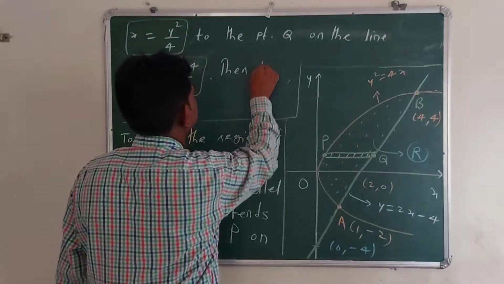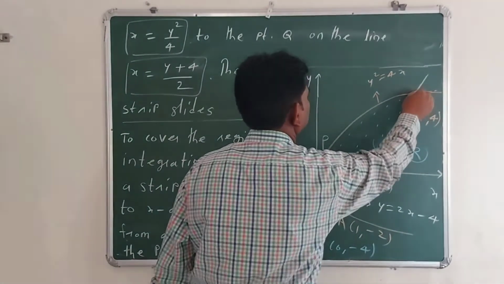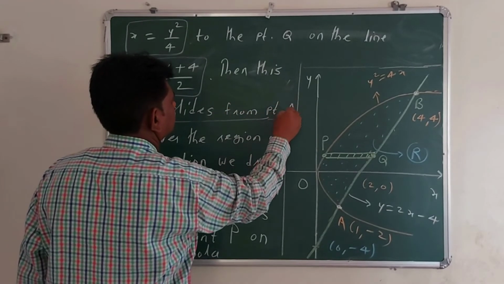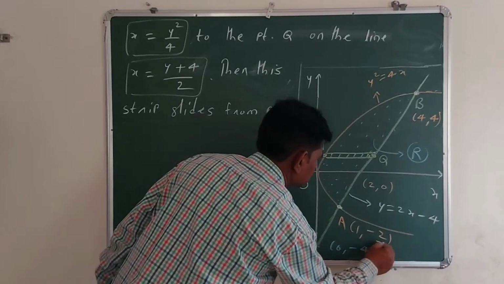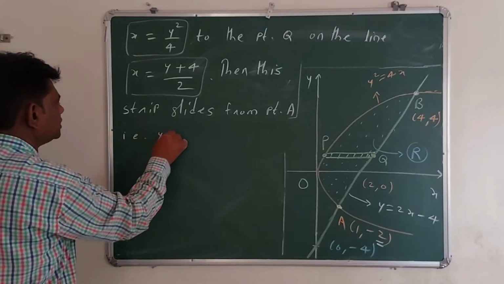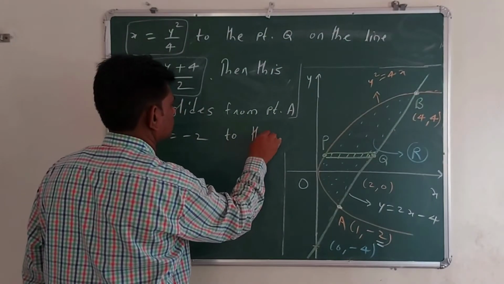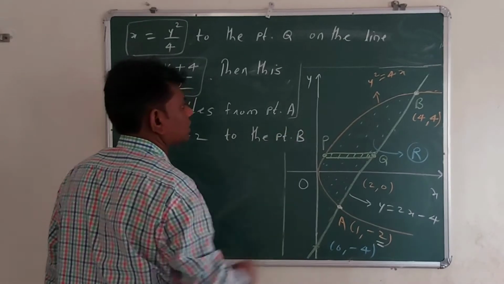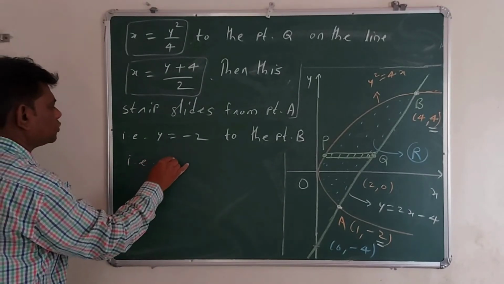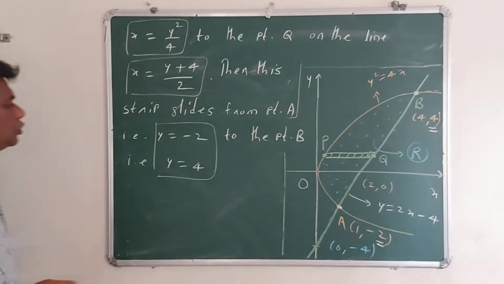Then this strip slides from the point A, where the y coordinate is minus 2, that is y is equal to minus 2, to the point B, where y is 4. Therefore y varies from minus 2 to 4.